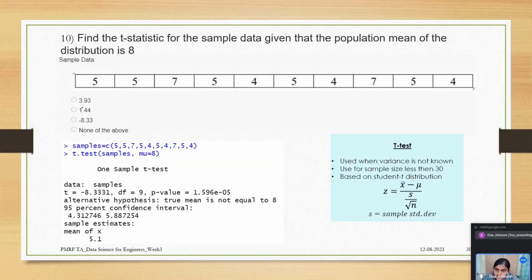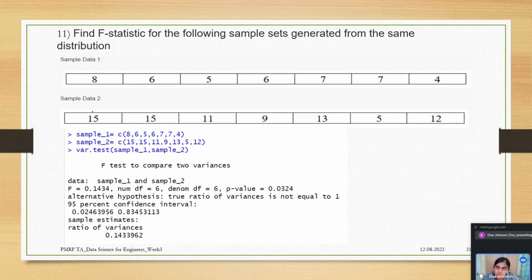Now the next question is similar, but there is two-sample data. You have seen this in your lecture videos. This one asks for the F statistic.